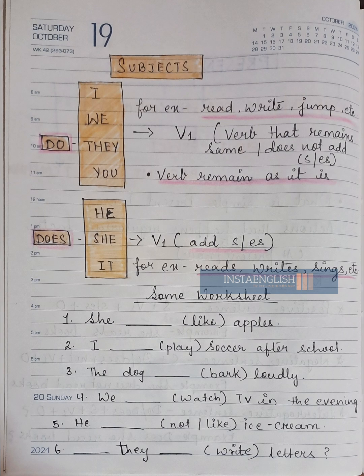Yes. Next comes we dash watch TV in the evening. So dear, here the subject is we and the verb is watch. So the answer will be we watch TV in the evening. No changes in the verb. Now these two questions are your homework.